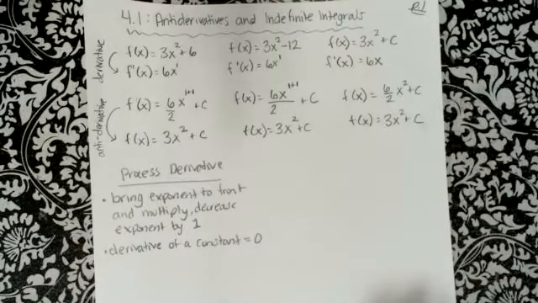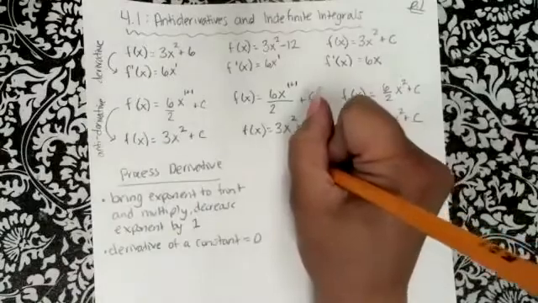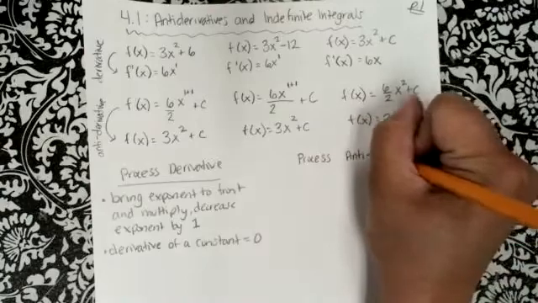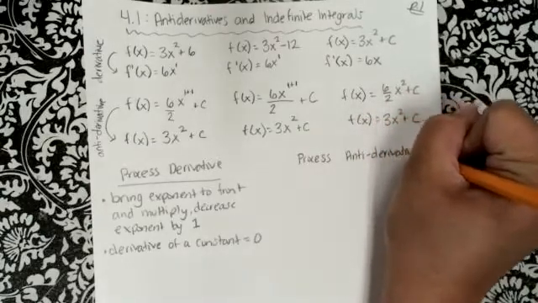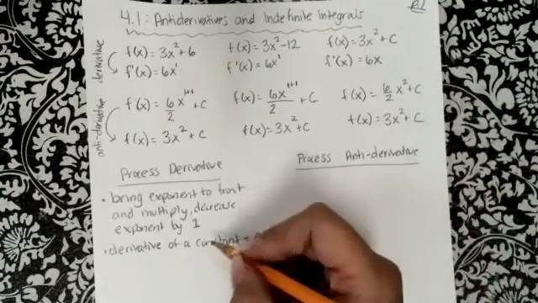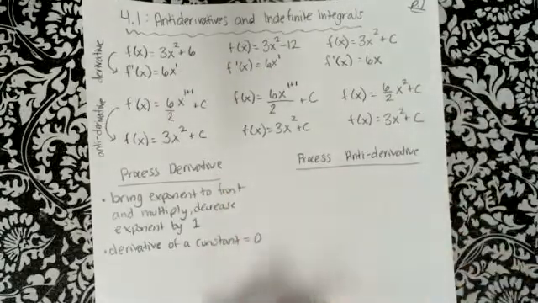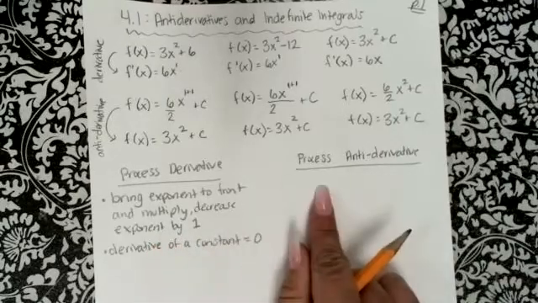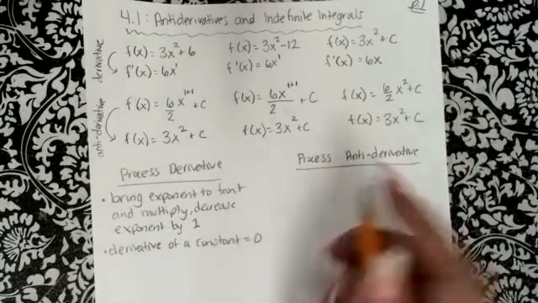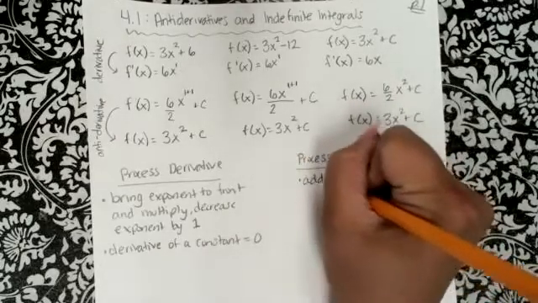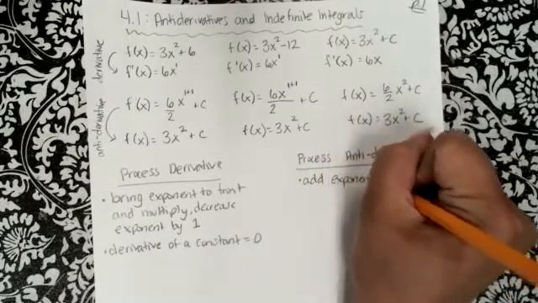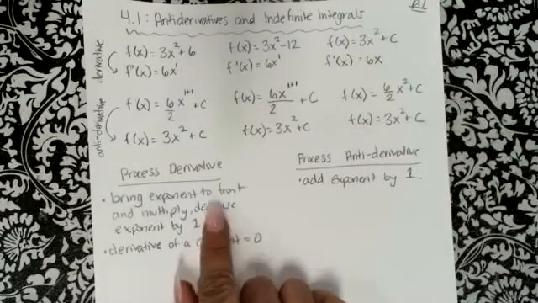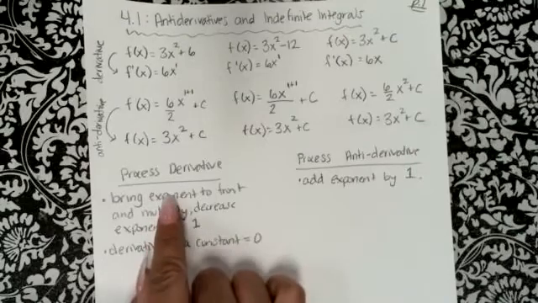Now the process of an antiderivative, here you're basically going in reverse. So right here, we decreased the exponent by 1. Now I'm going to add 1 to the exponent. Then after you add 1 to the exponent, right here, you were multiplying by the exponent.